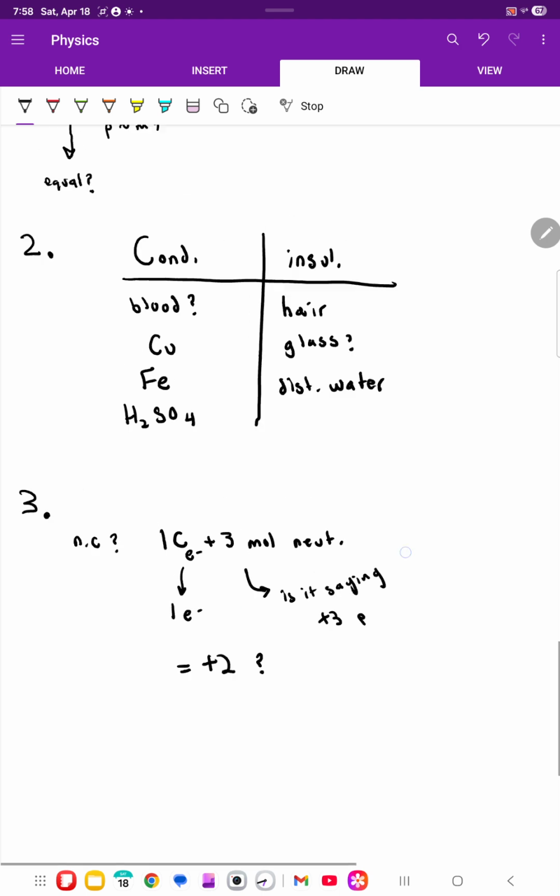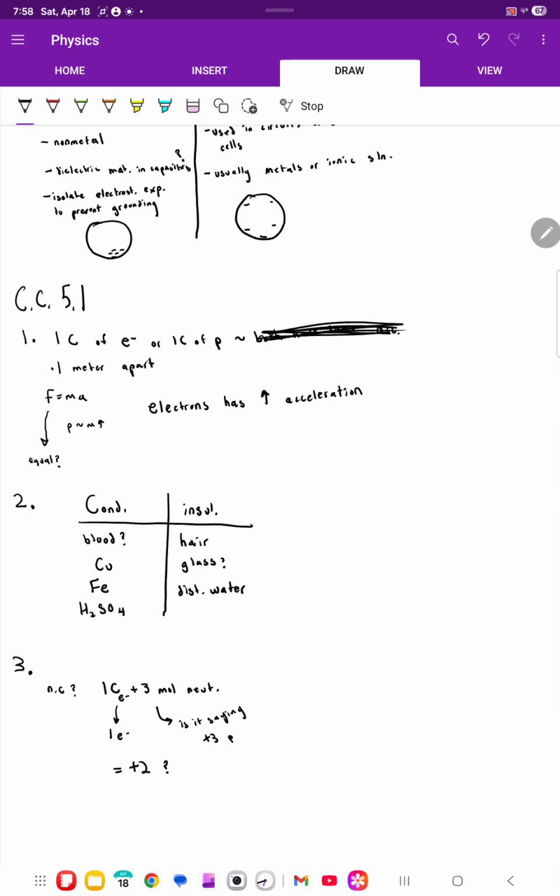Let's check the answer. Concept check 5.1. Alrighty, yes, electrons have greater acceleration. We learned this. Conductors are blood, copper, iron, sulfuric acid, correct. Insulators are hair, glass, distilled water, correct.